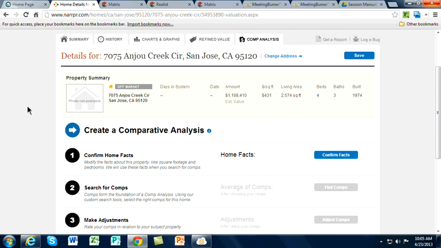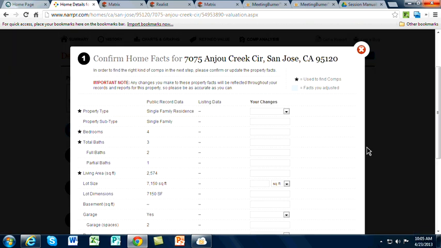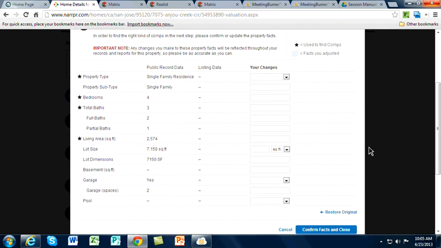So build a comp analysis, so that everybody understands we did refine. Build a comp analysis. Create this. This is allowing us to do a comparative market analysis, which is what today's class is supposed to be on, right? And so we're going to confirm the facts. With this, by the way, you could make your own changes here.